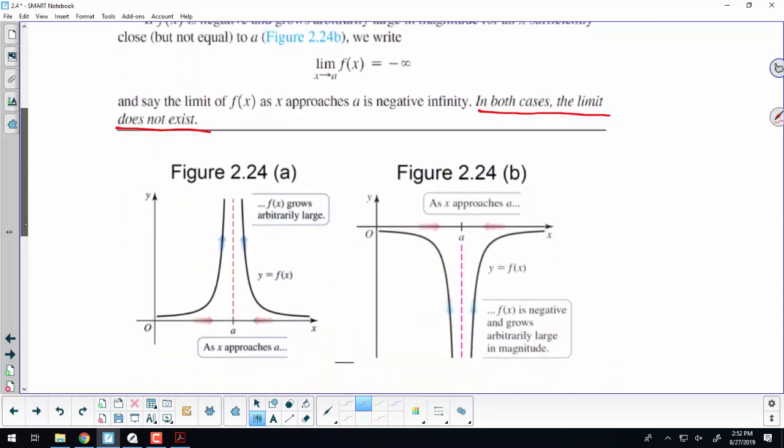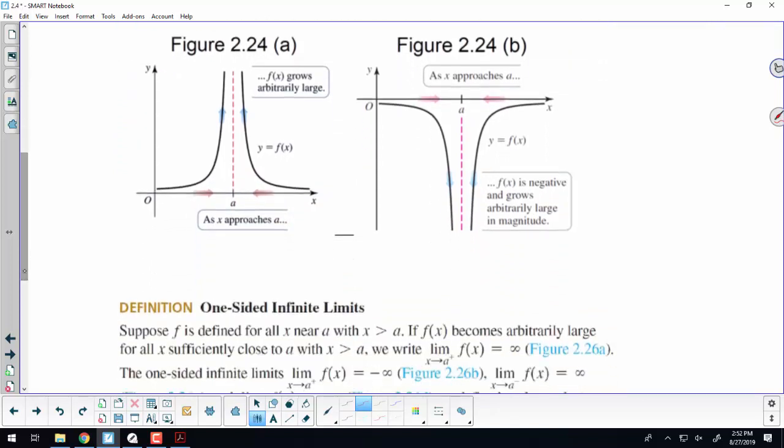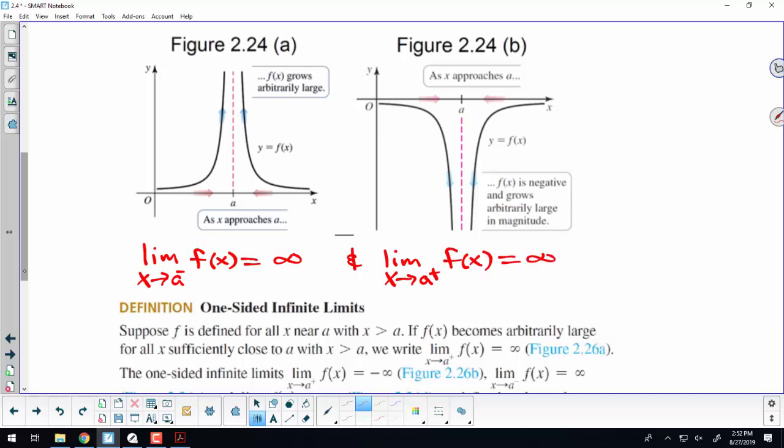So those are just some visual reinforcements. We can still say that on functions like this, if the limit as x approaches a from the left on f of x is infinity, and the limit as x approaches a from the right on f of x is infinity, then we could say that limit is equal to infinity. But it doesn't make that much sense, because there's always that cut in your xy plane.